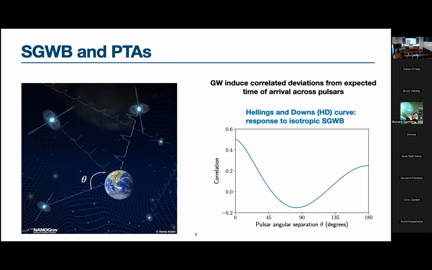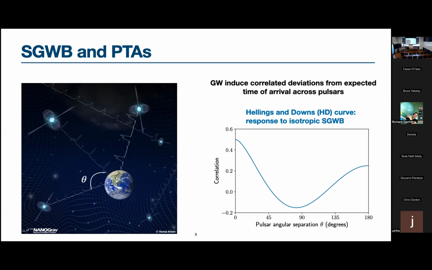Okay. And this will lead to deviations in the expected time of arrival in a manner which is correlated across different pulsars. And this correlation for an isotropic background, so a background which looks the same in all directions, is described by the Hellings-Downs curve, shown here in blue. And the Hellings-Downs curve essentially tells you what is the correlation as a function of the angle between the lines of sight to the different pulsars.